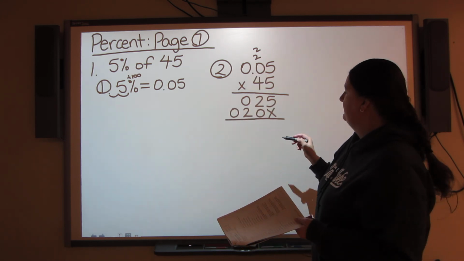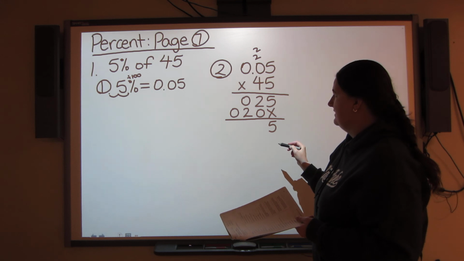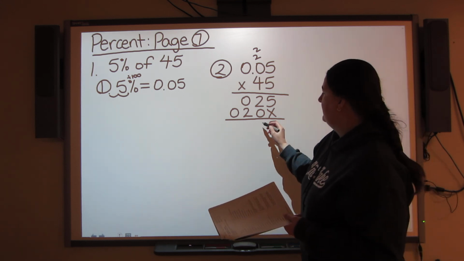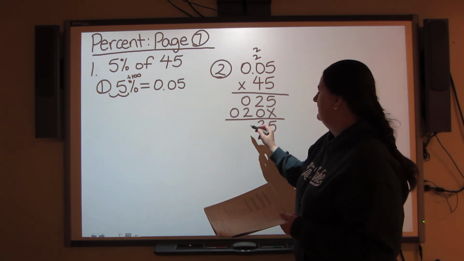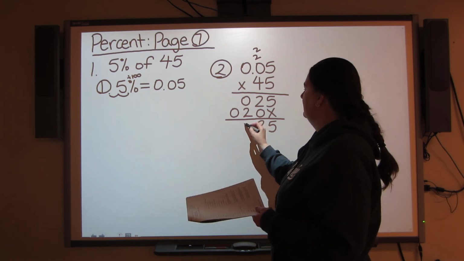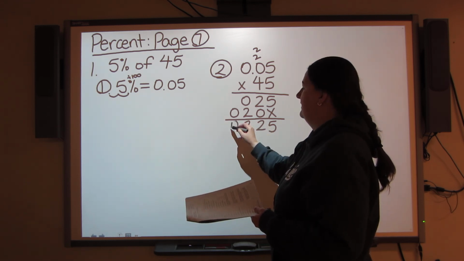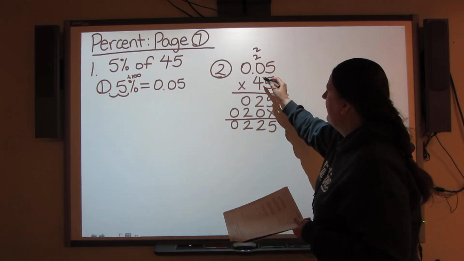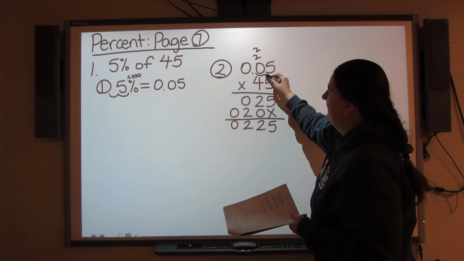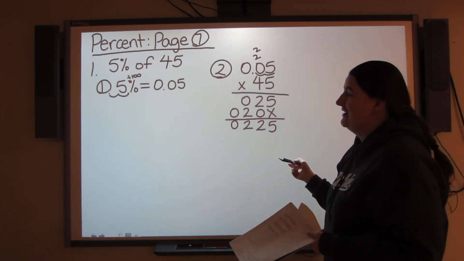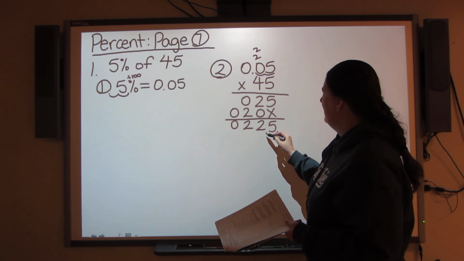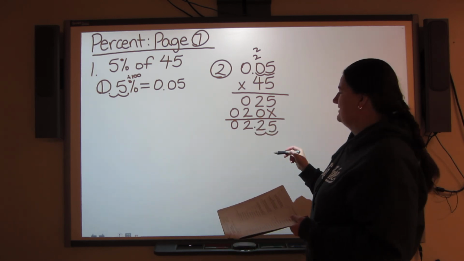Add them up. 5 plus nothing is 5. 2 plus nothing is 2. Nothing plus 2 is 2. And nothing is nothing. I have 2 decimal spots in my question, so I'm going to have 2 decimal spots in my answer.